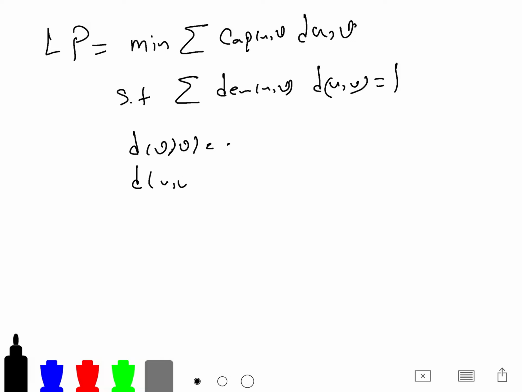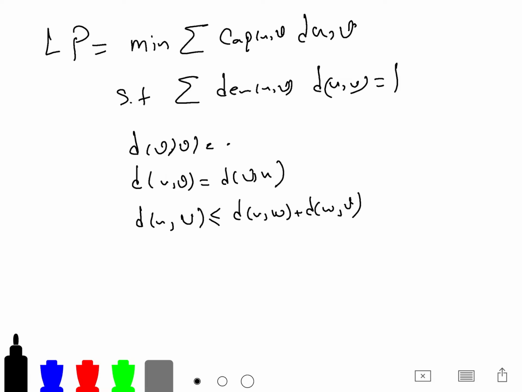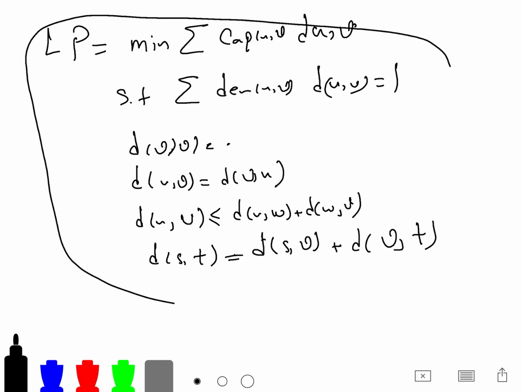It is symmetric: D of U and V is D of V and U. It satisfies the triangle inequality: D of U and V should be less than D of U and W plus D of W and V. It also should be ST separating, so ST is equal to D of S and V. So this is just the LP relaxation of ST sparsest cut.